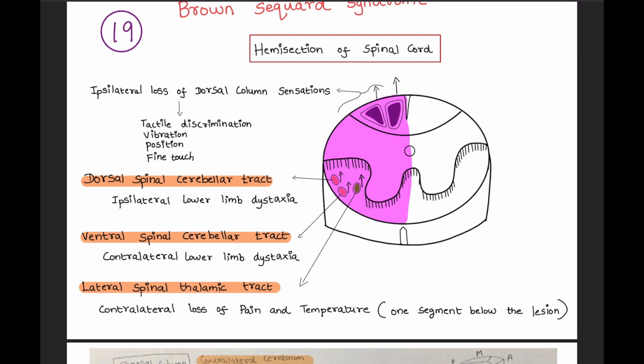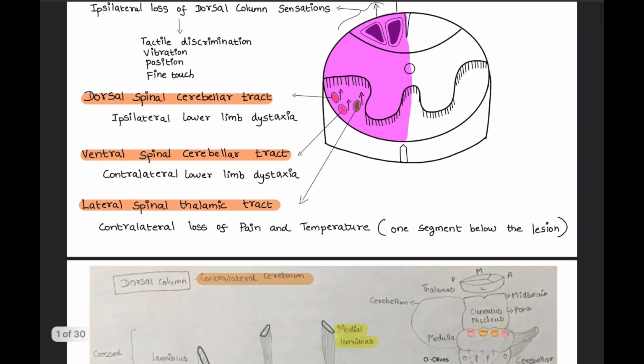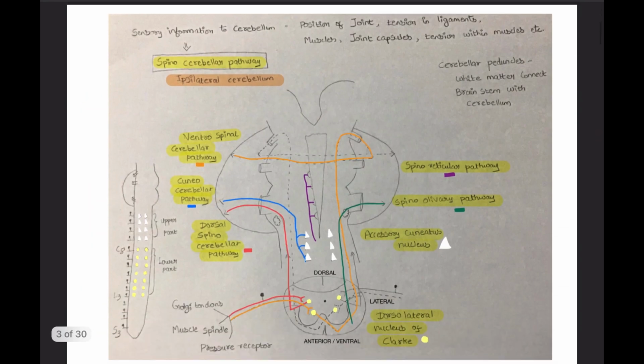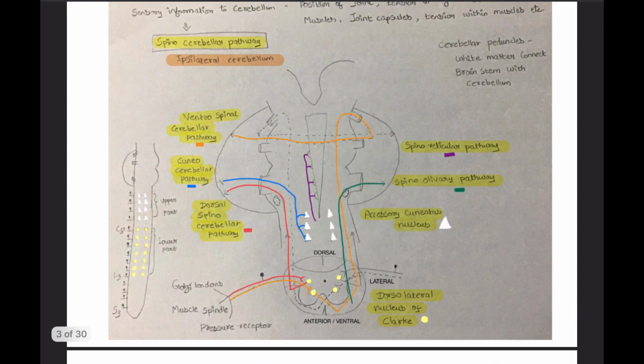Then ventral or anterior spinocerebellar tract. Let us see the tract pathway. Ventral or anterior spinocerebellar tract, it enters the spinal cord and it crosses and it moves upwards to the cerebellum. So here is the anterior side, here is the lateral side.